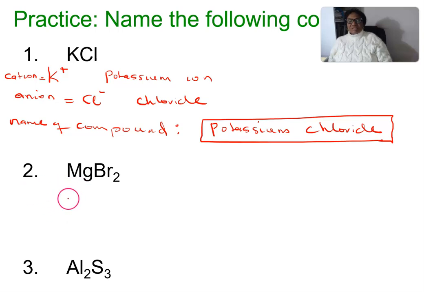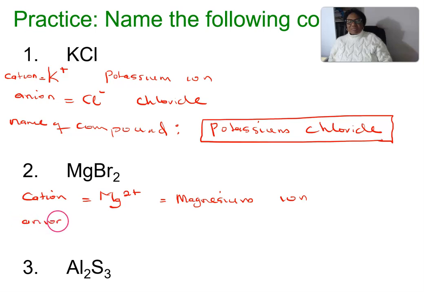So let's try this. Cation equals magnesium. The name is magnesium ion. Anion, we identify it as Br minus, which is bromide.